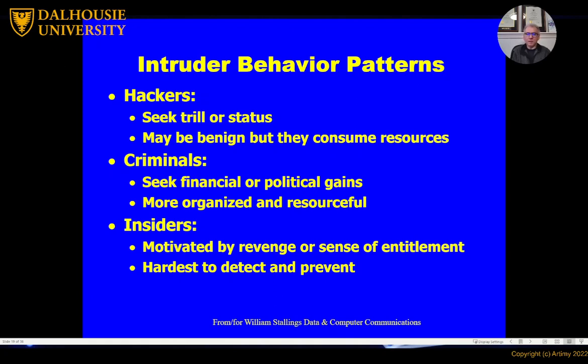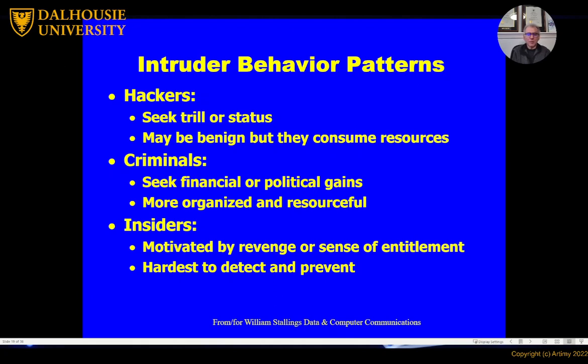If you steal information, if you disrupt the behavior of a system, if you are gaining financial advantage, then you are stealing, right? So criminals either seek financial gains, or sometimes there are what they call hacktivists.